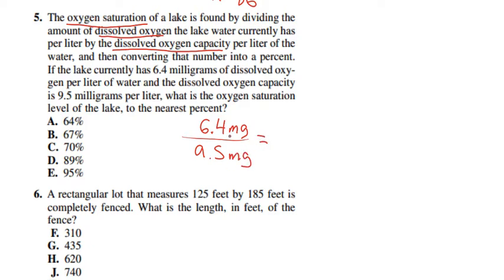So when we divide 6.4 by 9.5, we're going to get 0.673, which is approximately 67%, which will be answer choice B.